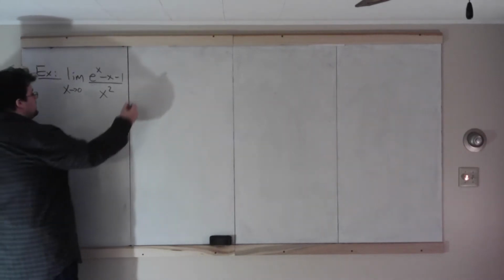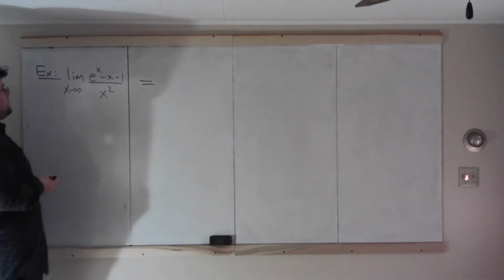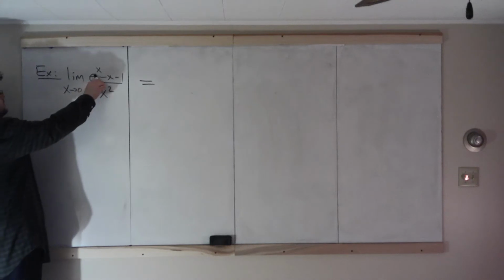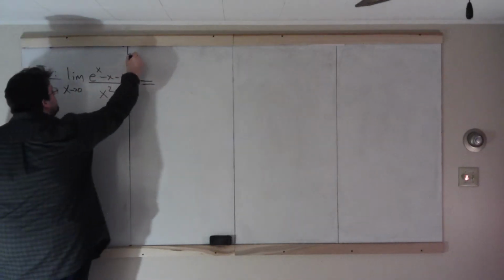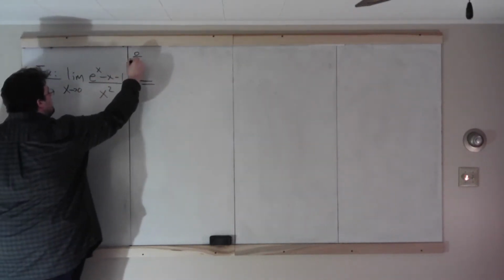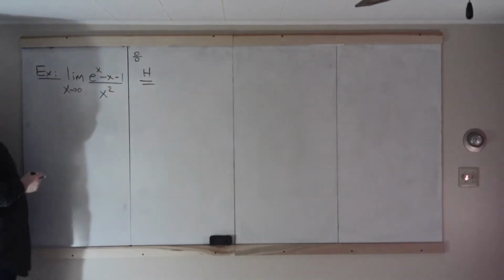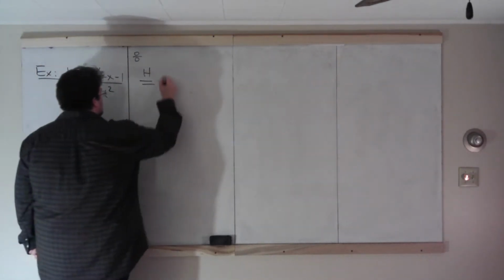Again, you try a substitution and you get 0 over 0, because e to the 0 is 1, so you get 1 minus 0 minus 1, which is 0, and 0 squared is 0. So you can apply L'Hopital's rule. That limit now equals this limit.